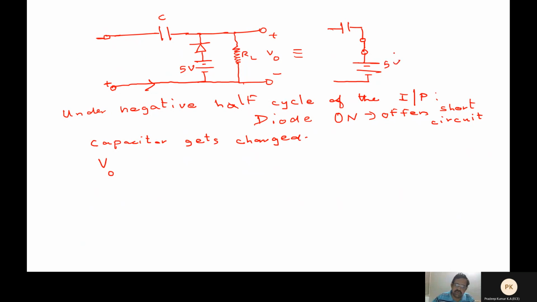This is 5 volt and this is my RL and this is my output terminals.